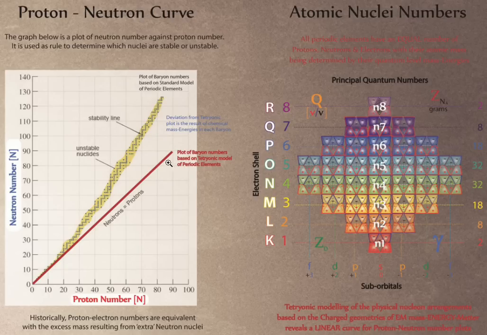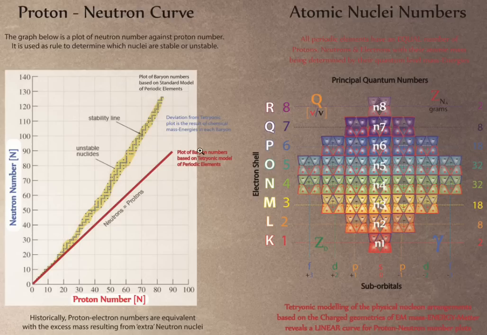This straight line deviates obviously from the curve plot of unstable isotopes or nucleotides that we currently use, and that deviation is simply the result of mass energy added through these quantum levels within the element itself. As you get larger and larger elements, you have increasing energy levels and an increasing number of deuterium nuclei at differing energy levels within that atom.